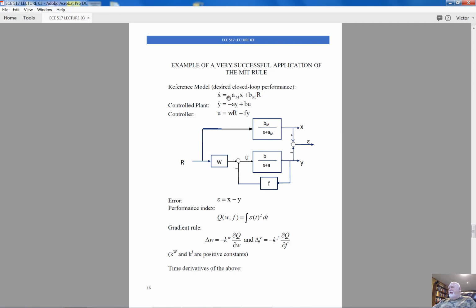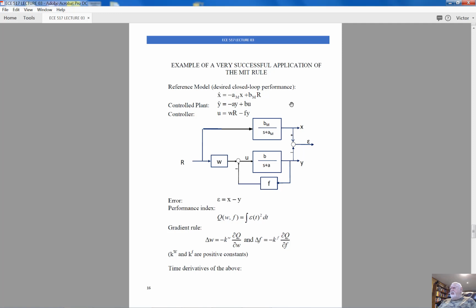Why do I have minus here? Because it's a first-order system. If I wouldn't have minus here, then the pole of the appropriate transfer function would not be in the left-hand side of the complex plane, and the system would be unstable.